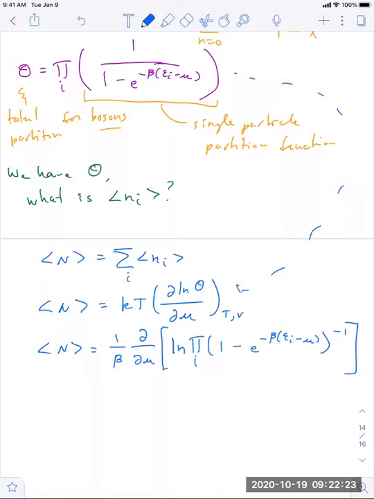Now, because I have the log of a product, I can convert that into a sum. So now I'm summing over all states i. Now the log of this expression for the partition function.